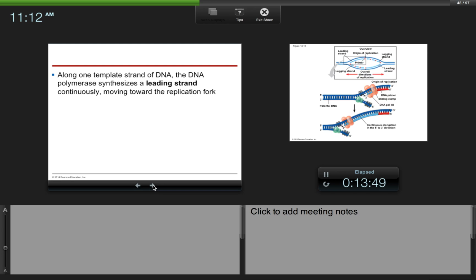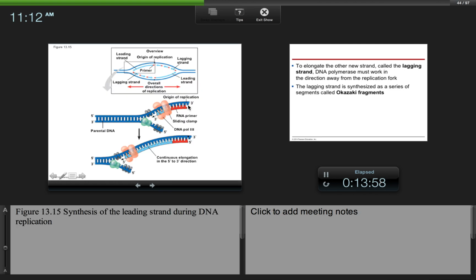Along one template strand of DNA, the DNA polymerase synthesizes a leading strand continuously, moving toward the replication fork. So this is like the original picture. Okay, so we're unzipping and unwinding right to left. So one strand, this is going to be the leading strand because it's being synthesized 5' to 3'. Now remember, this is the RNA primer.